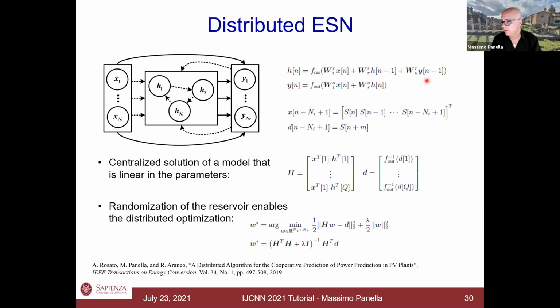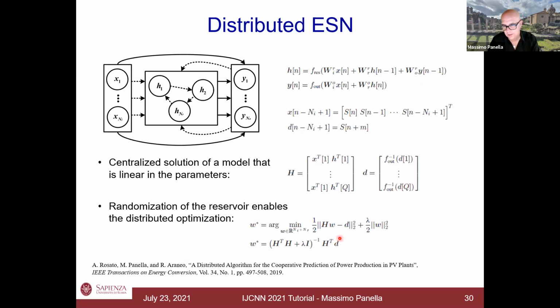We have to train the readout, so the model is linear in the parameters, even if we had a nonlinear activation function, but if invertible that is not a problem. So we have to deal with a linear estimation problem, and this linear estimation problem can be distributed, diffused.